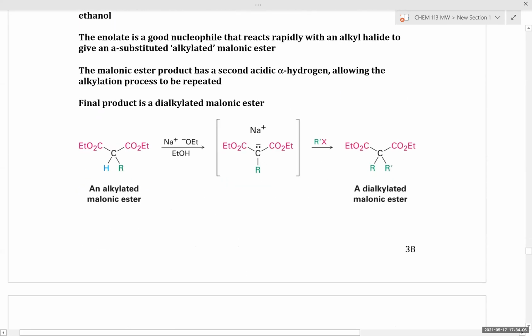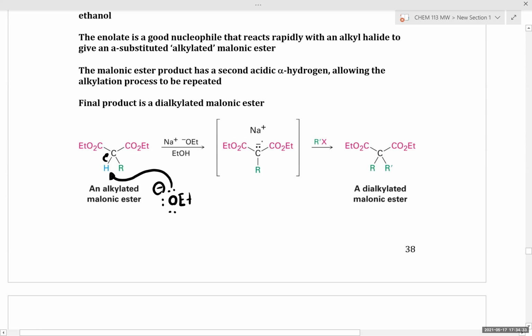So from here, we can actually further alkylate this malonic ester. We take our product from the first alkylation reaction, and if we treat it with a second equivalent of base, such as ethoxide, we can again generate another enolate. And it's quite easy to generate this enolate quantitatively.